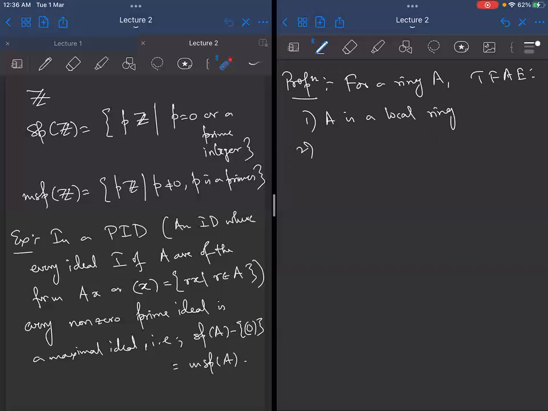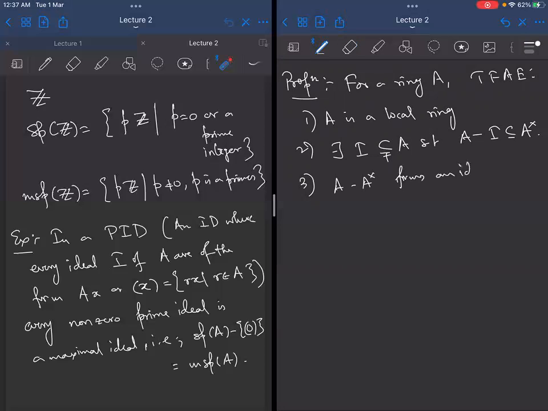Number two, there exists a proper ideal I of A such that A minus I is contained in A star. That is, every element of the complement of that ideal is a unit. And number three, A minus A star forms an ideal.